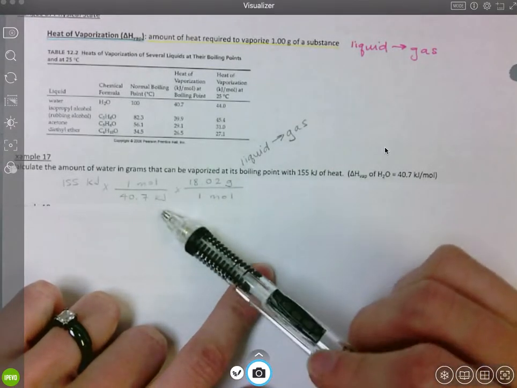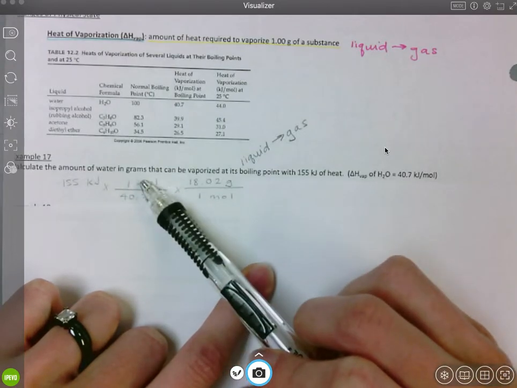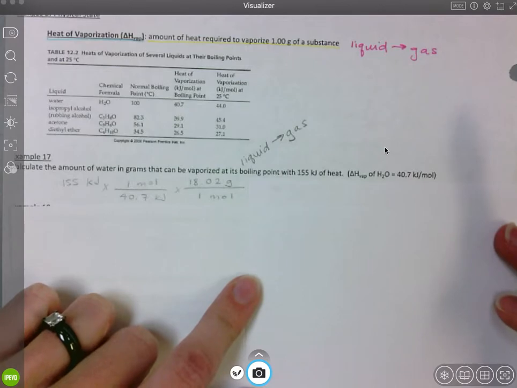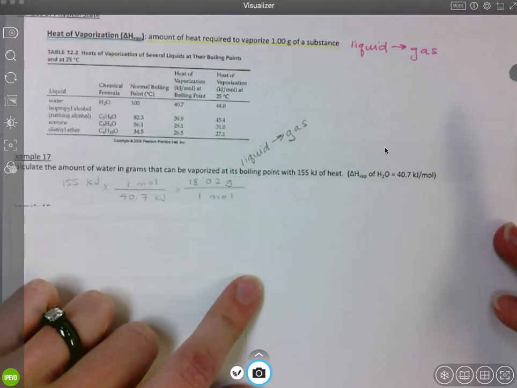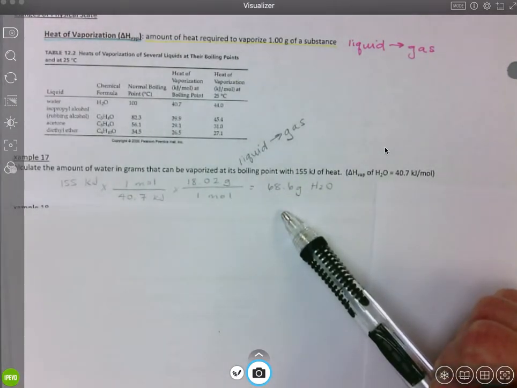So notice kilojoules canceled out, moles have canceled out, and we're left with grams, and we want to know the amount of water in grams. So we're in our correct unit for our answer. You can put that in your calculator, so multiply across and then divide by the bottom. We get 68.6 grams of water that can be vaporized at its boiling point with that much heat.